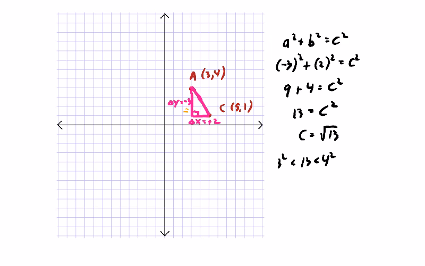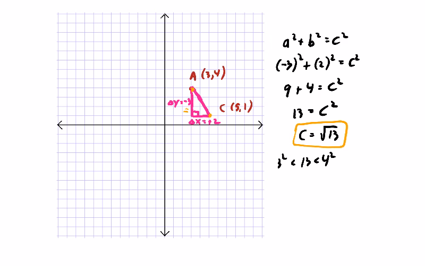If you look at the size of the line segment from A to C, it's definitely bigger than 3, but it wouldn't quite be 4 units long. If you wanted to, you could convert that to a decimal, but you would never get exactly the right answer. You would have to round at some point. So the actual distance between those 2 points is the square root of 13.